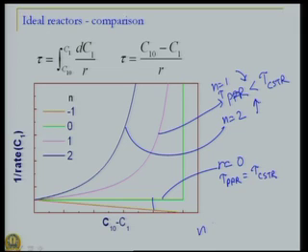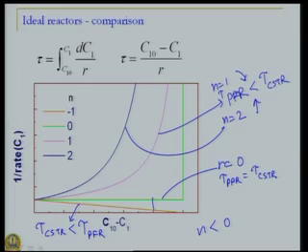For n less than 0, 1 over r versus C1 minus C10 is a decreasing curve. So, what happens for this particular reactor? Tau CSTR is less than tau of the plug flow reactor, so CSTR is better than plug flow reactor.